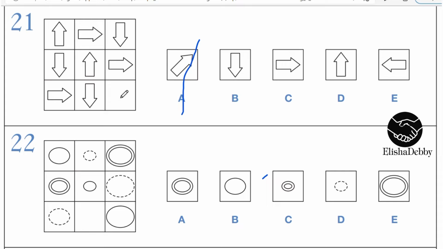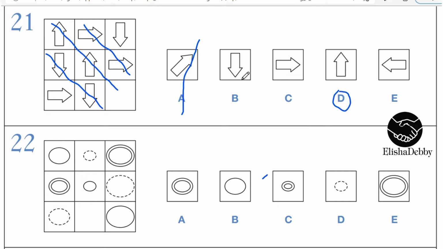So I'm expecting it to be D because I can see something happening there diagonally. I'm expecting that to be pointing up as well.